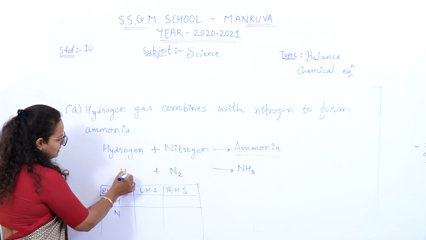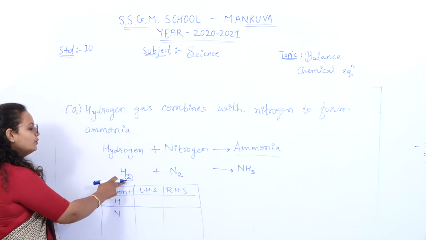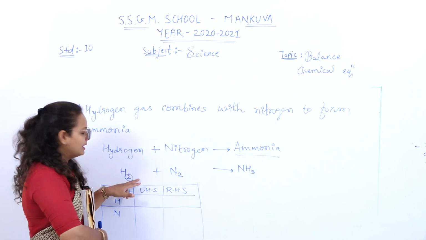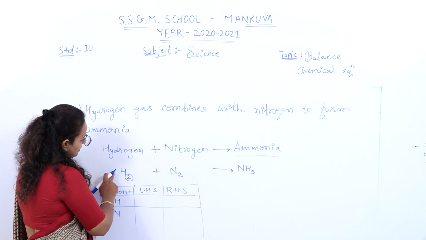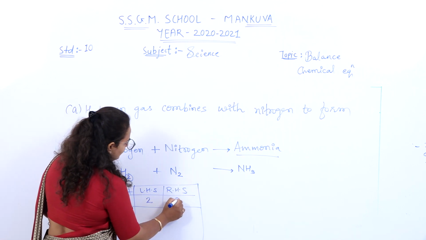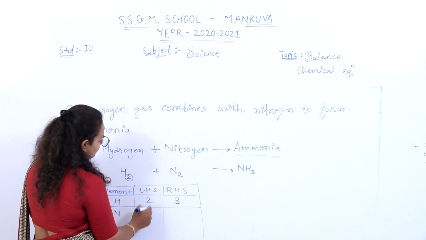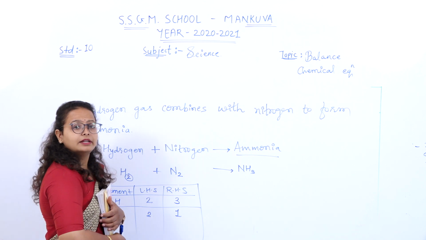H2. This is the atomicity. Again and again I will tell you, atomicity means the number of atoms present in this molecule or element. So, left hand side 2, right hand side 3; before the arrow nitrogen is 2, right hand side 1.